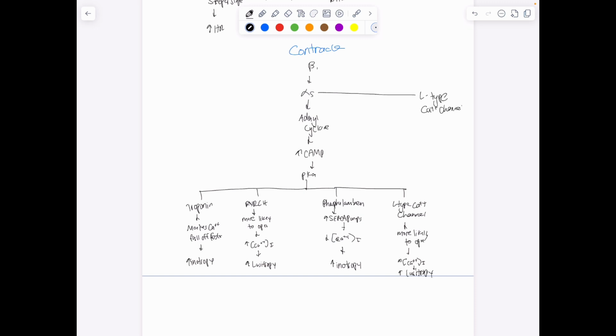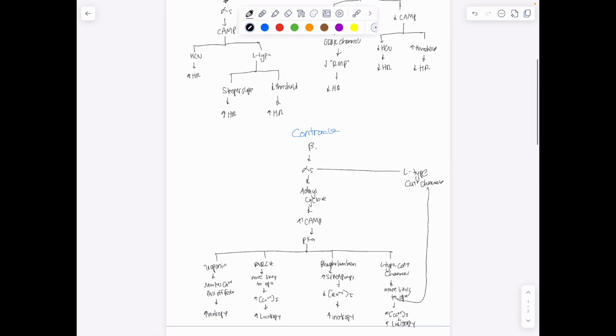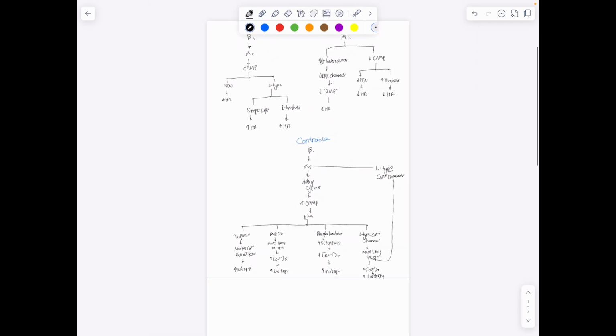It's more likely for this to get phosphorylated, so then it'll go down into here, and then it'll still increase our lusotropy, which is our relaxation, and our inotropy is our contraction of the heart for our contractile cells. And that sums up that part of the essay.